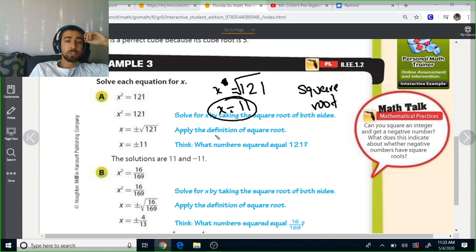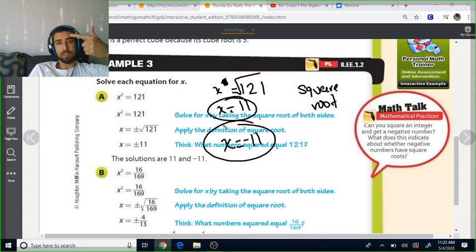The square root of 121 is 11, and it's also negative 11. I'll go back because I see the ones in the chat. 11 times 11 gives you 121. Negative 11 times negative 11 gives you 121.